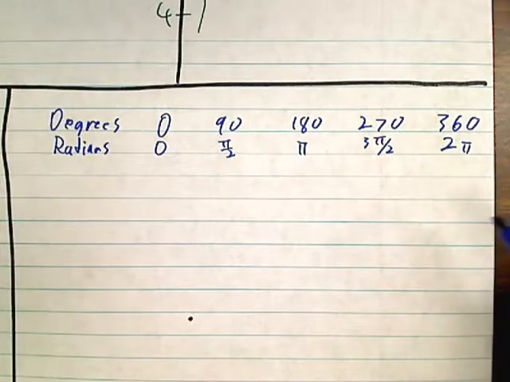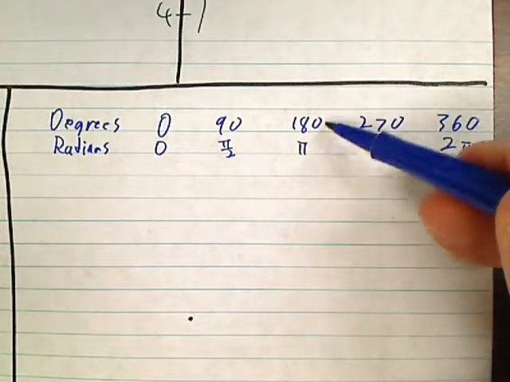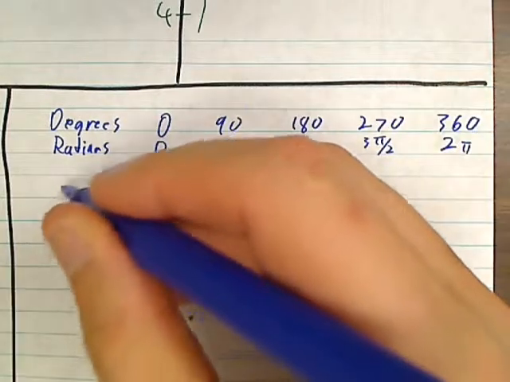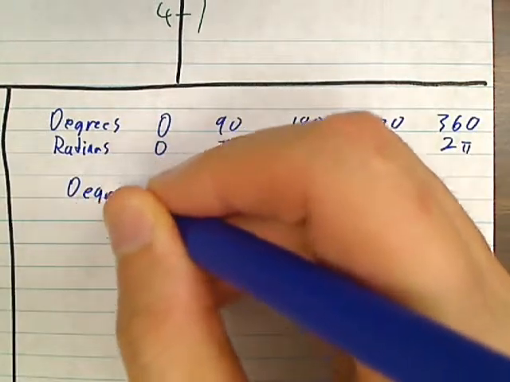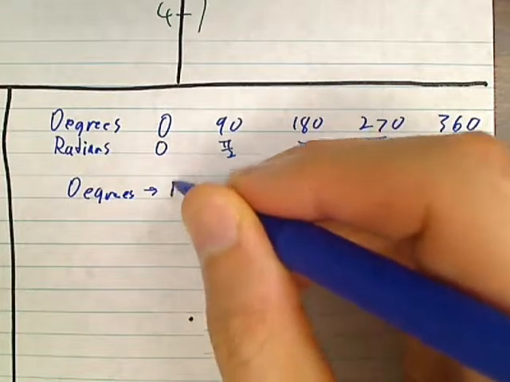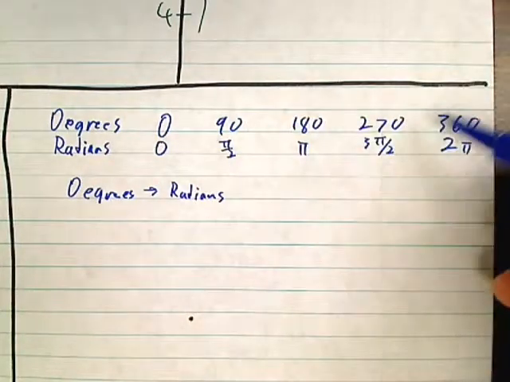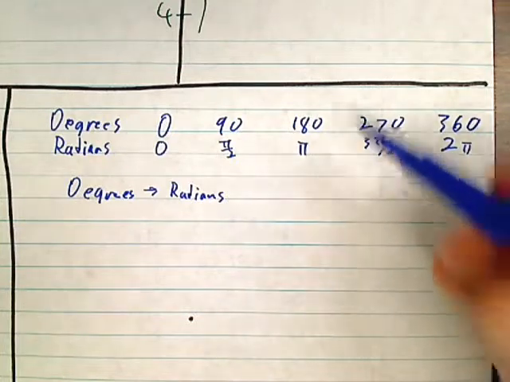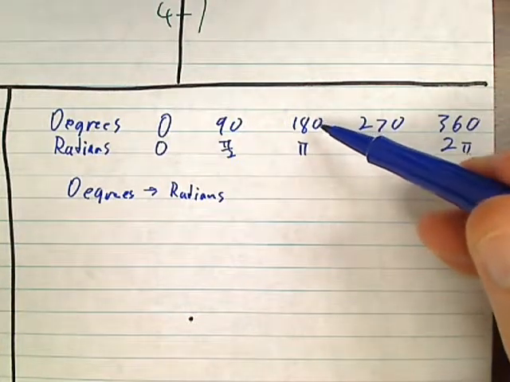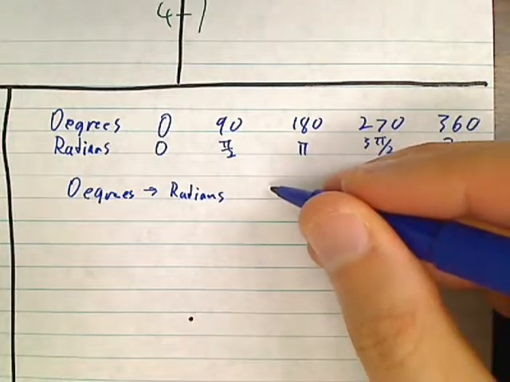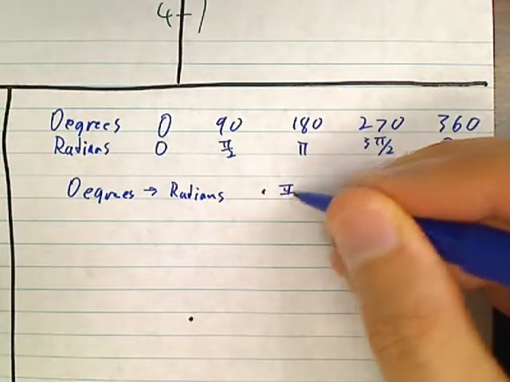Now the conversions. To go from degrees to radians, it's a common multiple, a direct variation. Let's use this one right here because it's the easiest. To go from 180 to pi, I multiply by pi over 180.